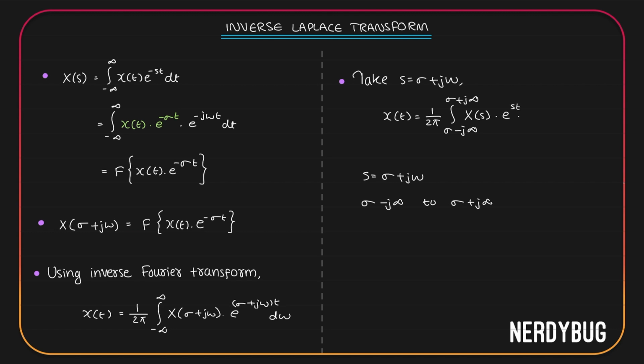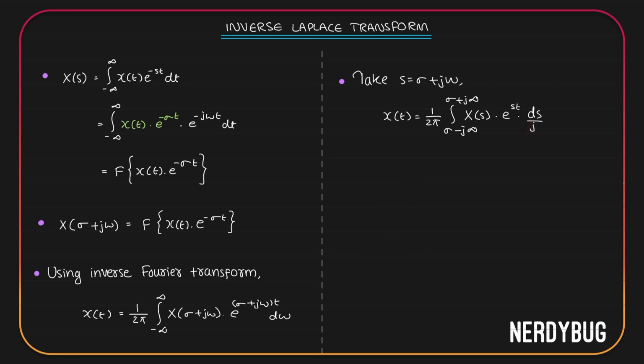Now we need a relation between d omega and ds. We have s = sigma + j omega. Taking the derivative on both sides, ds = d sigma + j d omega. Here sigma is a constant, so d sigma = 0. We get ds = j d omega, or d omega = ds / j. So in the equation, we will write ds / j.